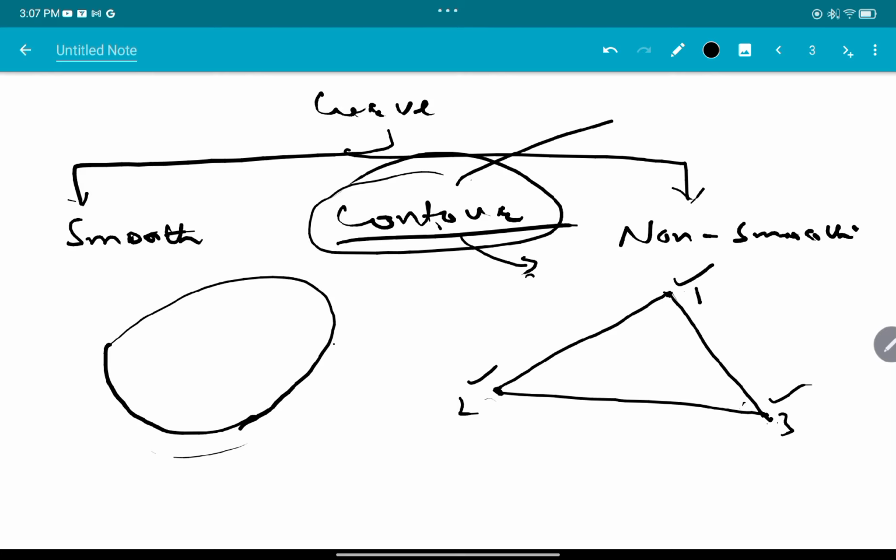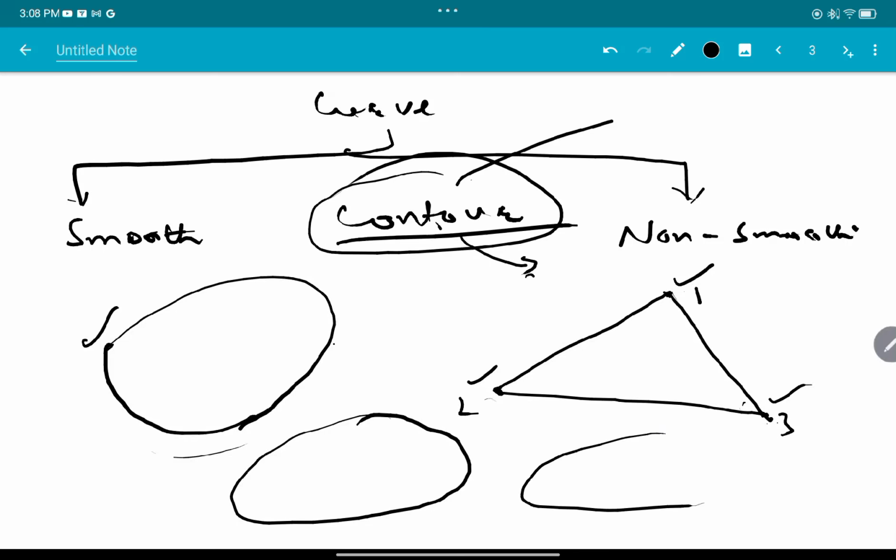One more thing, about the curves that we will be dealing with. Why closed curves? I will just come to that. One more thing: if a curve intersects itself, for example here, then it is not called simple.